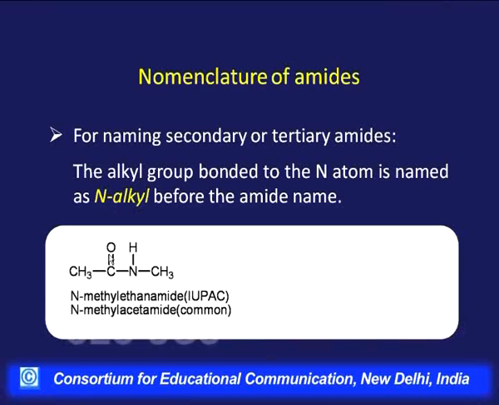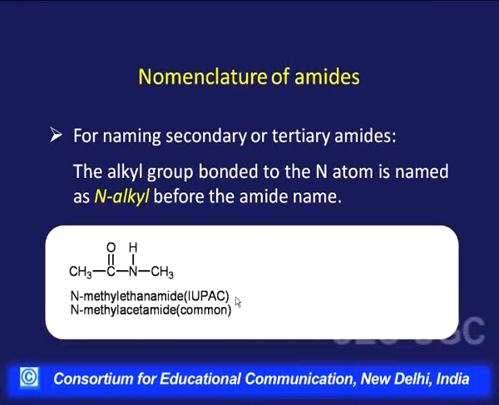This is CH3CO. Suppose in place of this OH was there, this is ethanoic acid. If it is simple NH2, then it is ethanamide, but it is not, it is that ethanamide where one hydrogen has been substituted by methyl group. So, its name becomes N-methyl ethanamide.